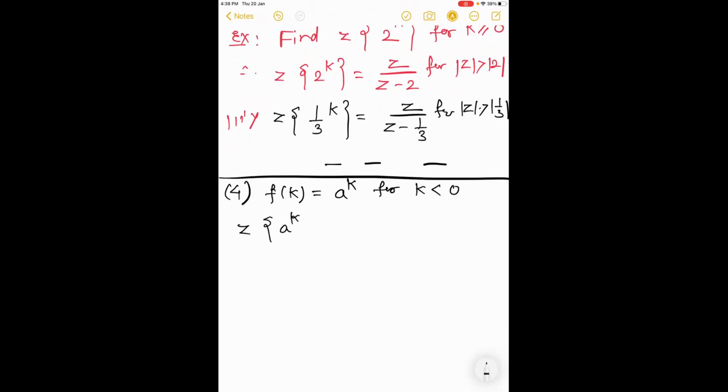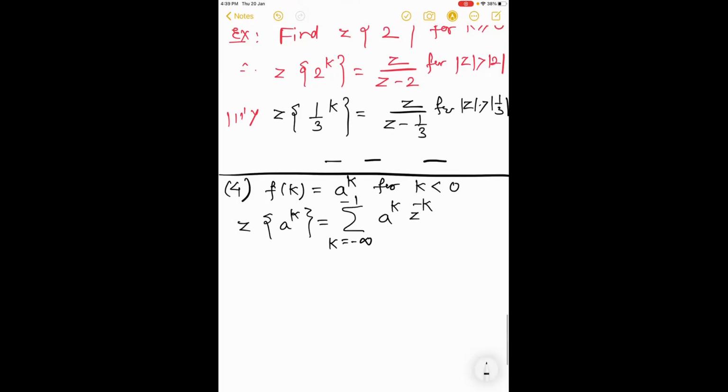A raised to k, which is the summation of a raised to k into z raised to minus k, and k is from minus infinity to minus 1. The powers are like that.